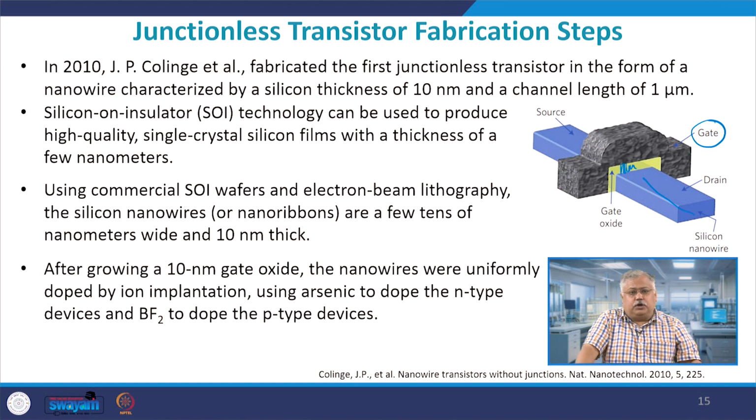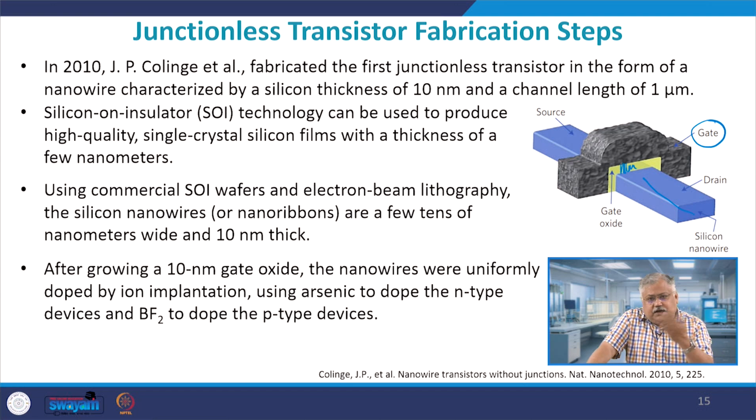That is very important to keep in mind. So, what people did is, they used a commercial SOI wafer with e-beam lithography, and we can actually convert them into nano ribbons, which are basically about 5 to 10 nanometer thick. You can also grow an oxide layer, and the nanowire is uniformly doped by ion implantation. You can do ion implantation or even simple fixed doping here.